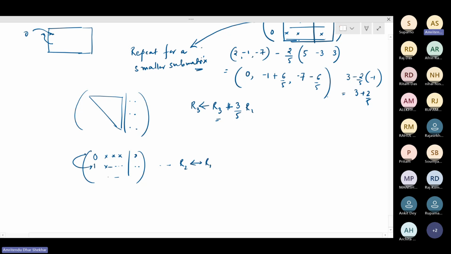You can swap them. This is something you can do so that you do not get the division.